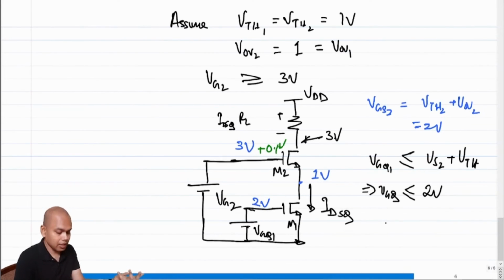Will the current in the network change? To the first order, will the current in the network change? So herein you have to understand who is setting the current in the network. So if both the transistors M1 and M2 are in saturation, right?